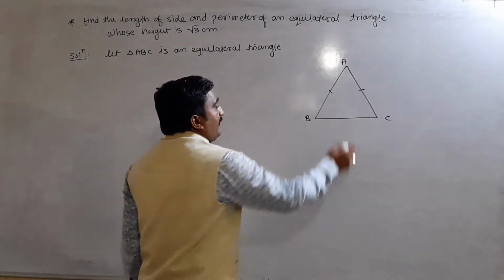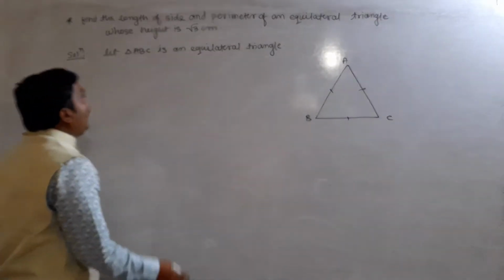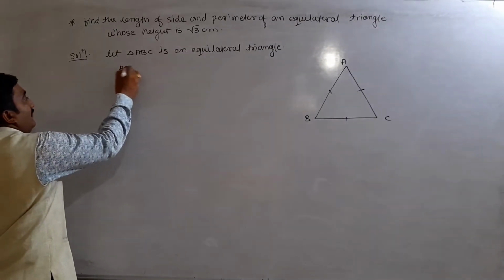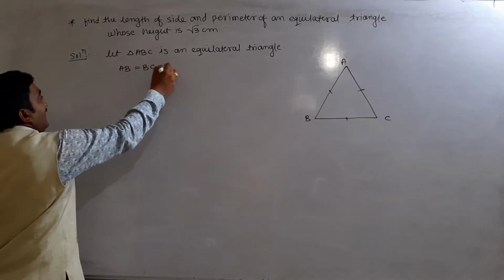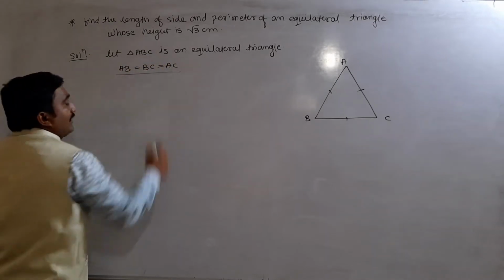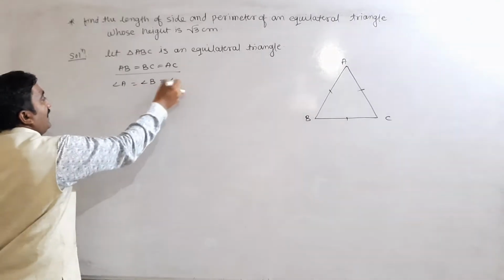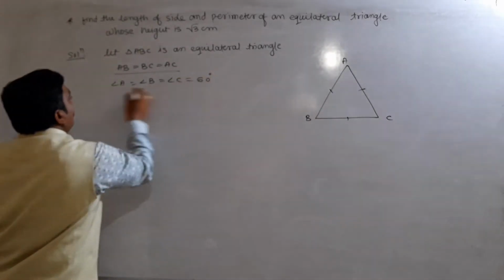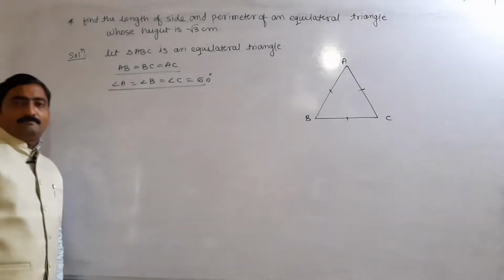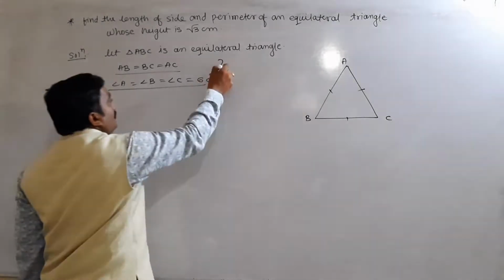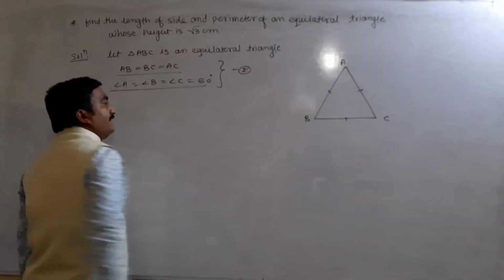Then what is the property of an equilateral triangle? We know that all sides of an equilateral triangle are equal and each angle of an equilateral triangle is equal to 60 degrees. This is called equation first. This is the property of an equilateral triangle.